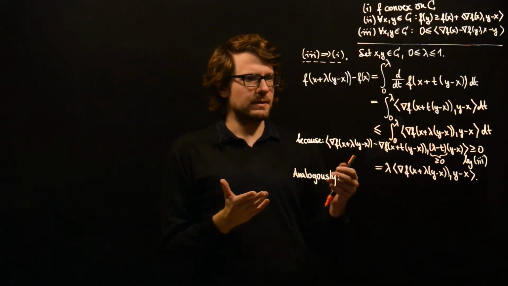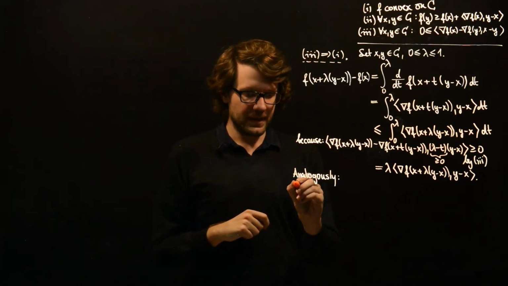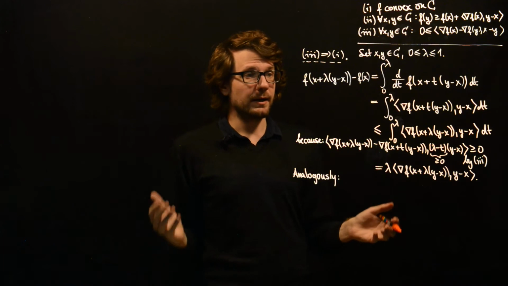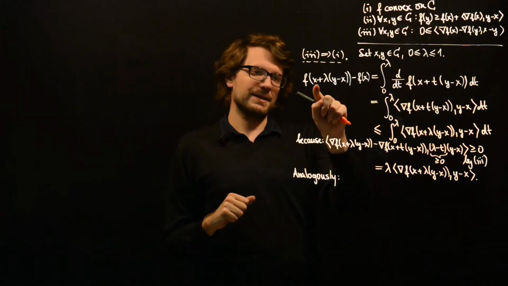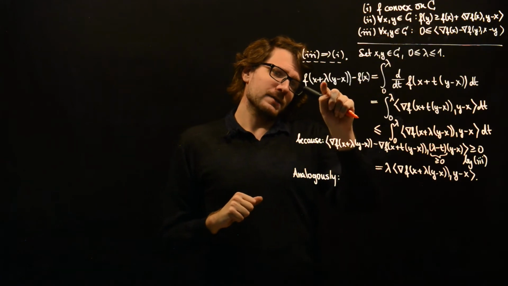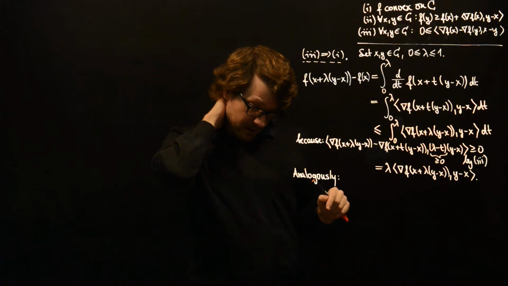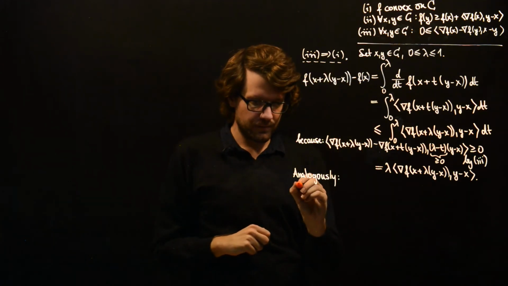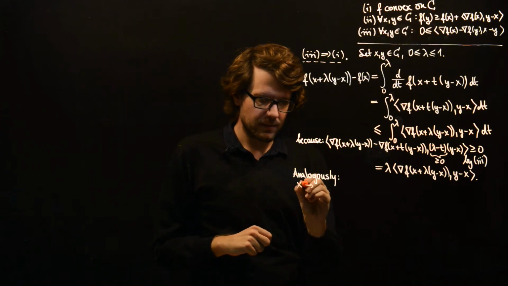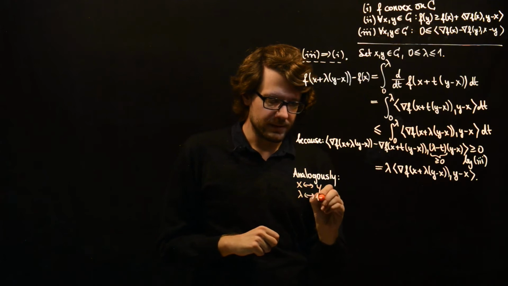And this is most easily done by just interchanging x and y, and lambda and 1 minus lambda, so that you get y plus 1 minus lambda x minus y, which is actually the same expression. So change x with y and lambda with 1 minus lambda.